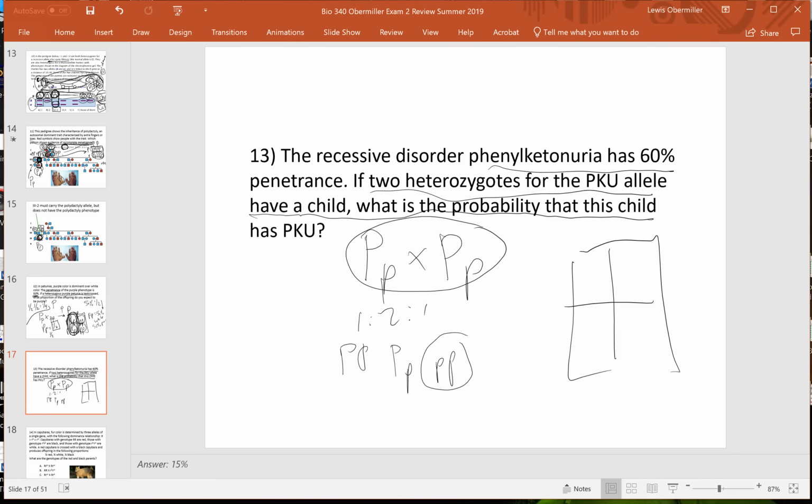This would be the only way, so we would expect 1/4 if it was 100% penetrance, right? But it's only 60%. So we would multiply 1/4 by 0.6.